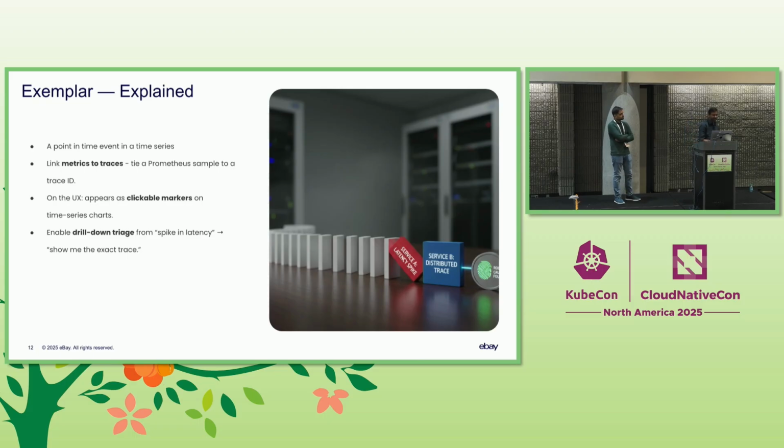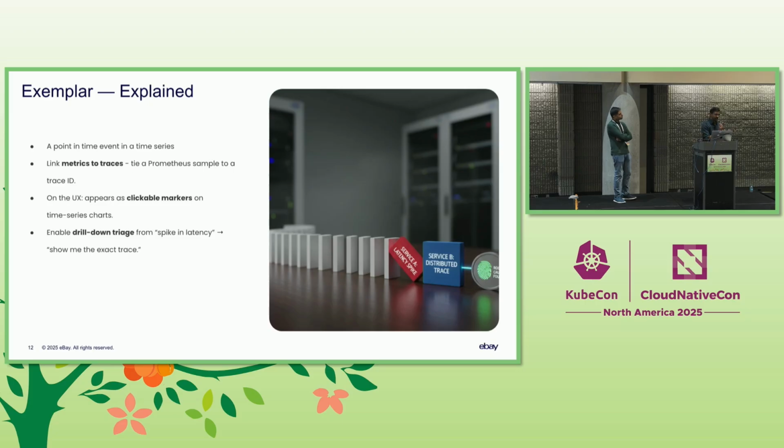A quick refresher on exemplars: they're a point-in-time representation of an event that has happened within the time series. So if you take request latencies as an example, a Prometheus histogram represents the latency distribution across all the requests that are flowing in. But an exemplar is the representation of one HTTP request that occurred and its latency.